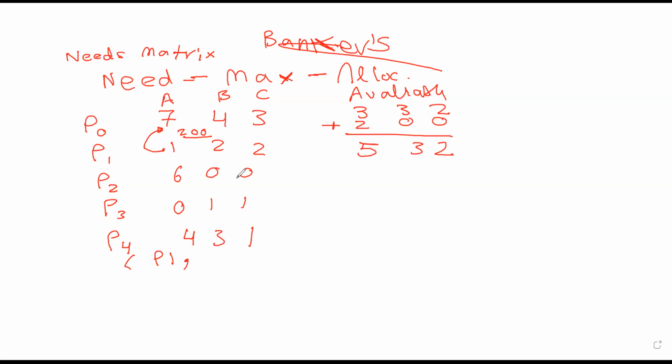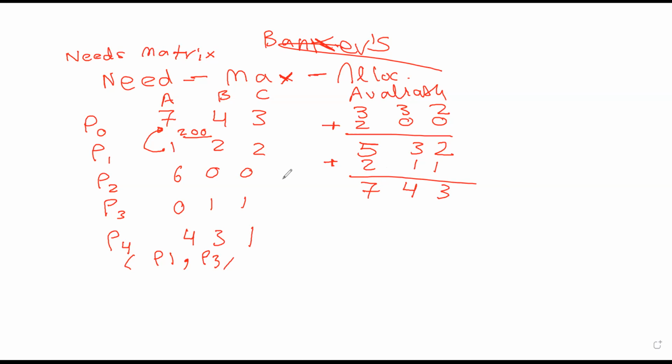Can we satisfy process 2? Well, no. Can we satisfy process 3? Actually, we can. After process 3 is satisfied, how does process 3 look? It's 2, 1, 1. So we add the previous allocation of 2, 1, 1 and get 7, 4, 3.